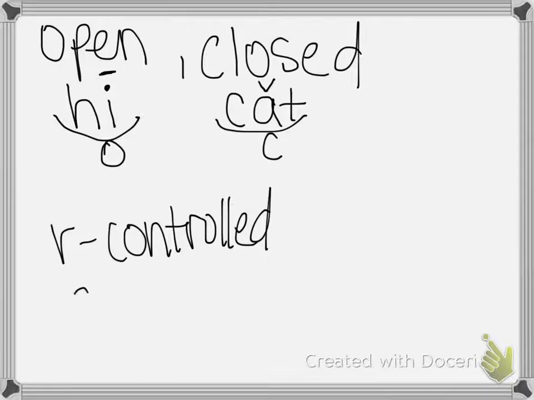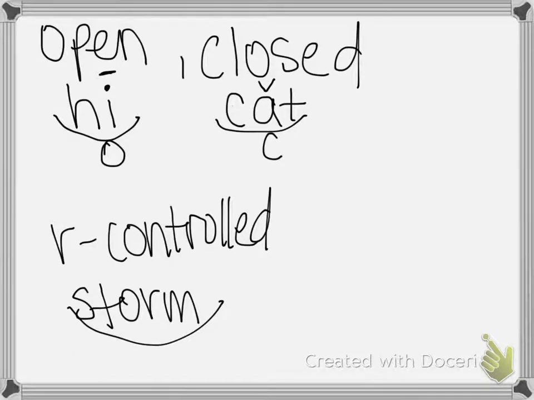So for example, if you have the word storm, it's one syllable, and your vowel is being controlled by an R. So you label that with an R, circle these because they stick together, and then you have a blend over here, okay? But that is just one syllable because you only have one vowel, and it is being controlled by your R.